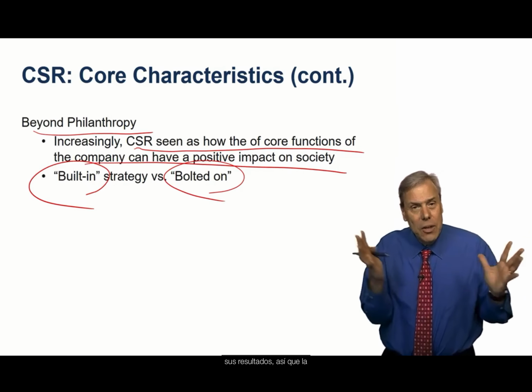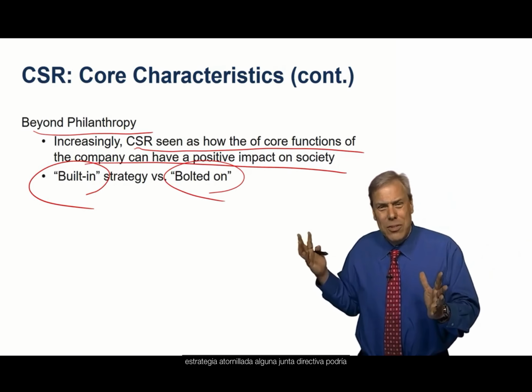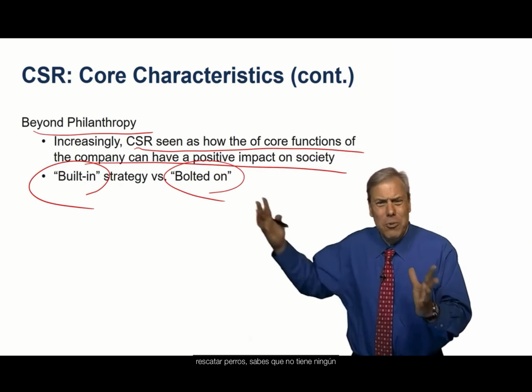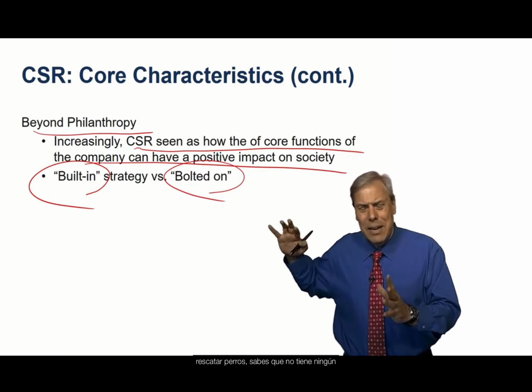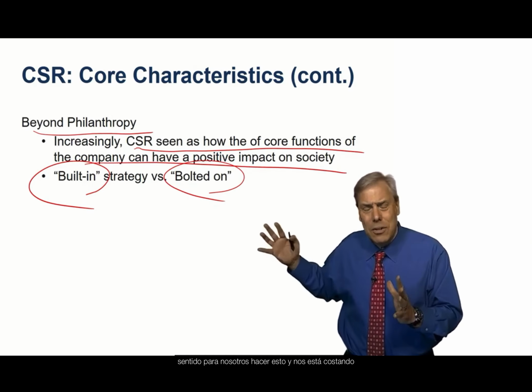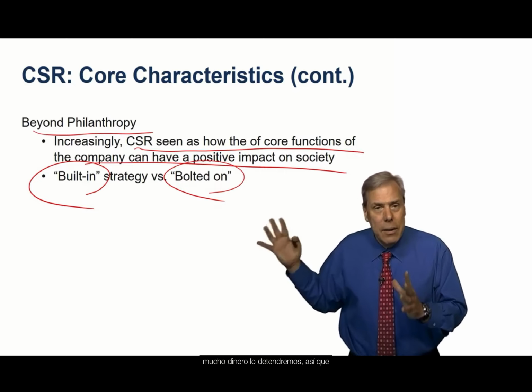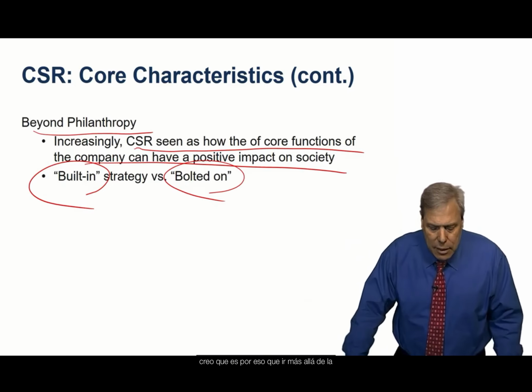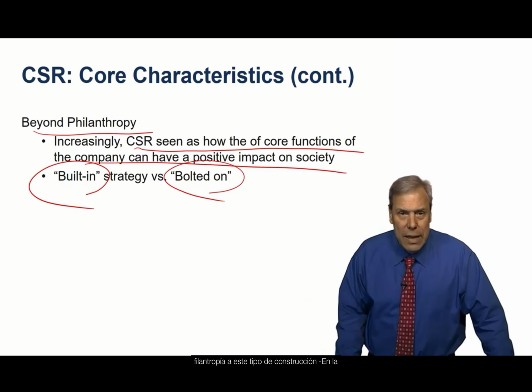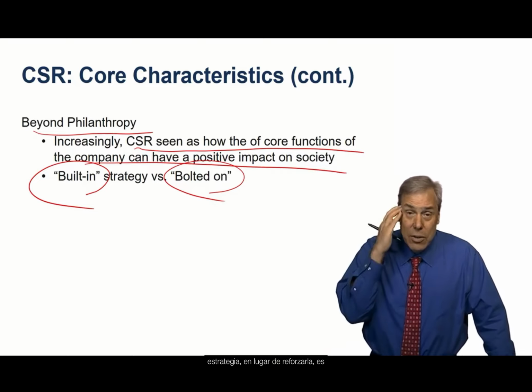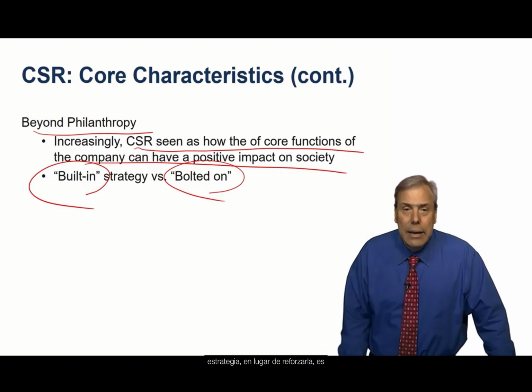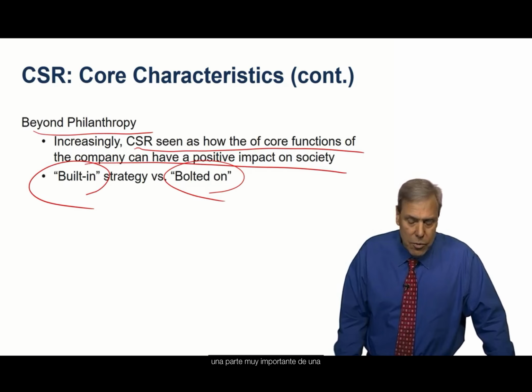With a bolted-on strategy, some board of directors might say, why are we giving all this money to rescue dogs? It doesn't make any sense for us to do this, and it's costing us a lot of money. We'll stop it. So I think that's why going beyond philanthropy to this kind of built-in strategy rather than bolted-on is such an important part of a corporate social responsibility strategy.